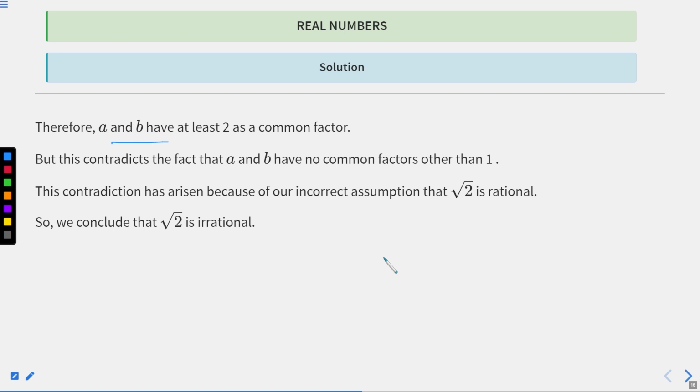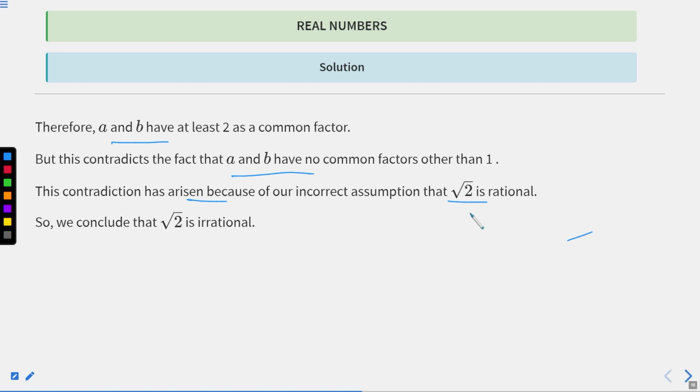But here we get a and b have at least 2 as a common factor. This contradicts the fact that a and b have no common factors other than 1. This contradiction has arisen because of our incorrect assumption that root 2 is a rational number.